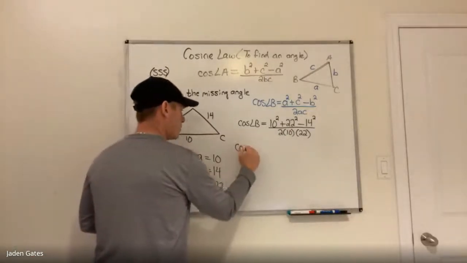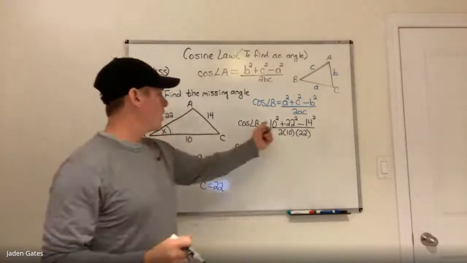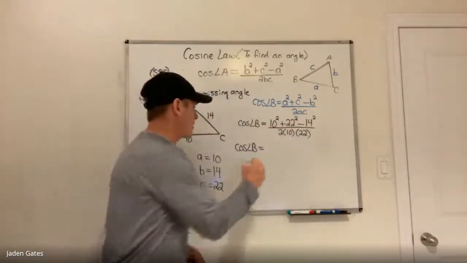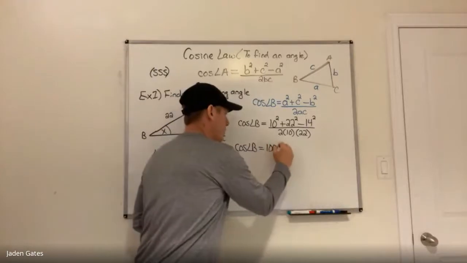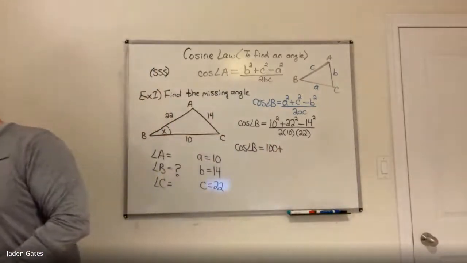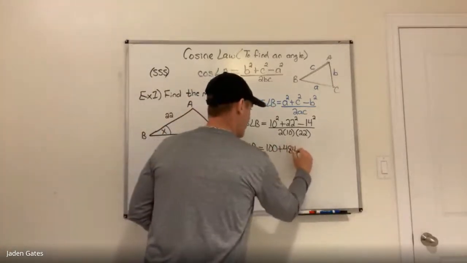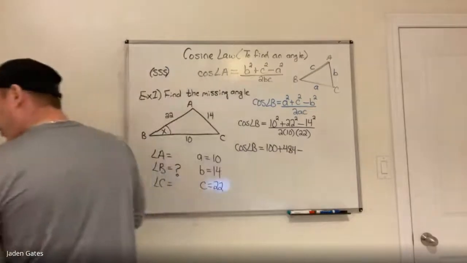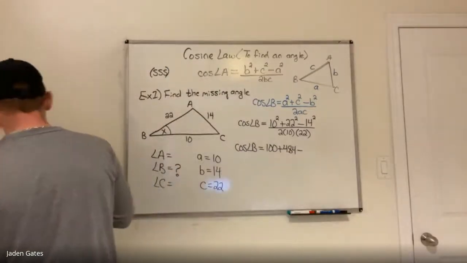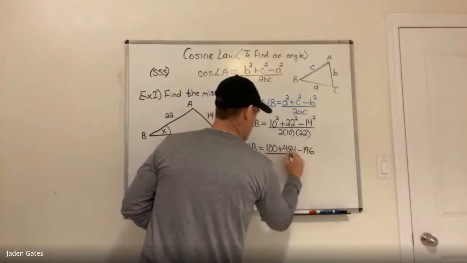And now, just continuing to simplify things, I'm going to do all my exponents up on top. 10 squared I know is 100. 22 squared, I can't say I know that one, so I type it into my calculator and get 484. Minus 14 squared is 196.